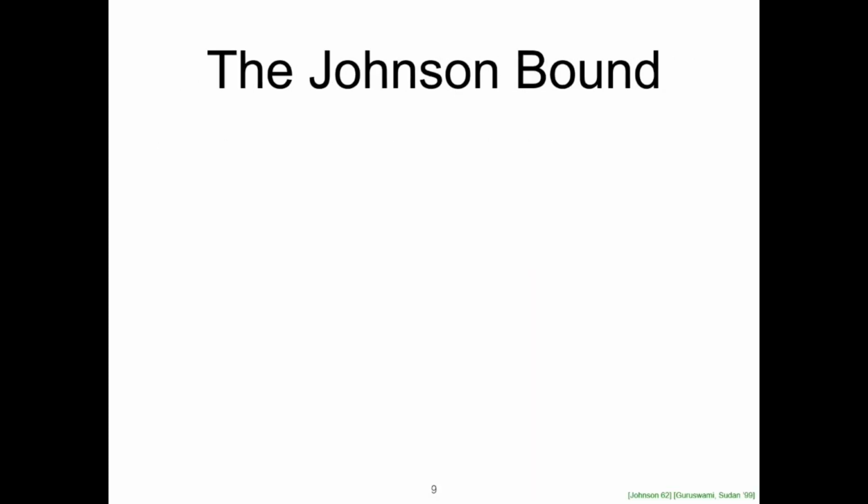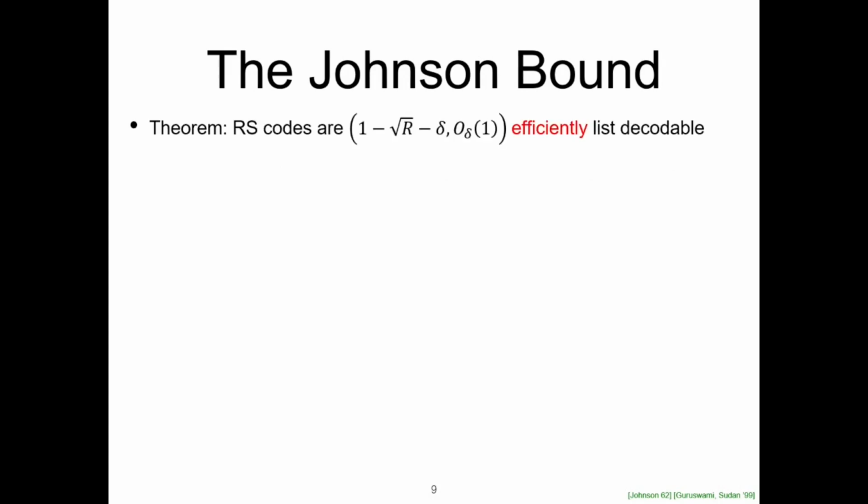We first take a look at the classical Johnson bound. For the special case of Reed-Solomon codes, the Johnson bound states that Reed-Solomon codes are list decodable with radius approximately 1 minus square root of R. And in a seminal paper, Guruswami and Sudan further showed that Reed-Solomon codes are in fact efficiently list decodable up to the Johnson bound.